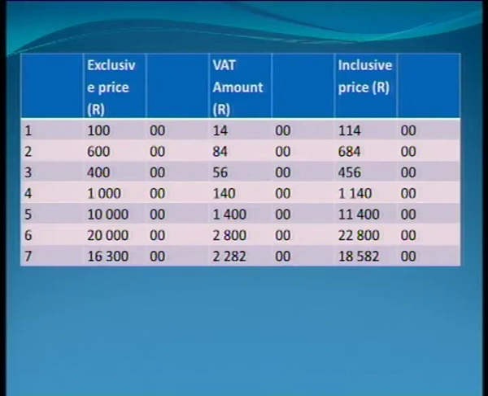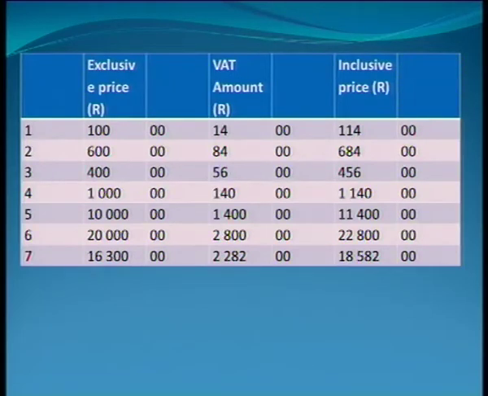So let me just explain the difference between exclusive and inclusive price. Your exclusive VAT price includes only the amount before you add VAT. So when you go to a shop, for example ShopRite, and your Coke is 5 Namibian dollars before you take the 14% VAT into account, that's your exclusive amount.